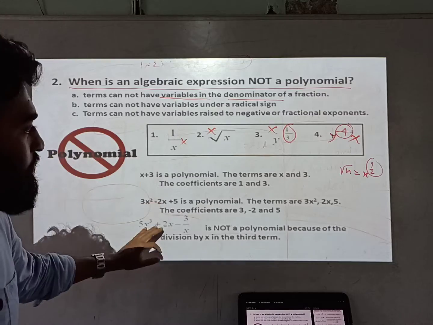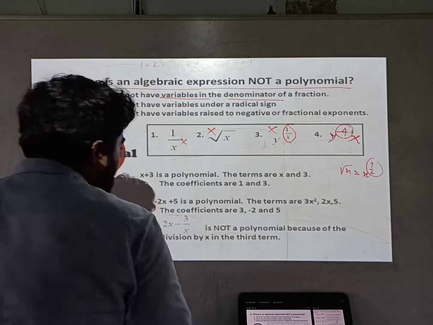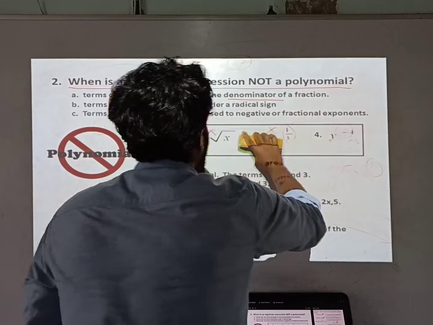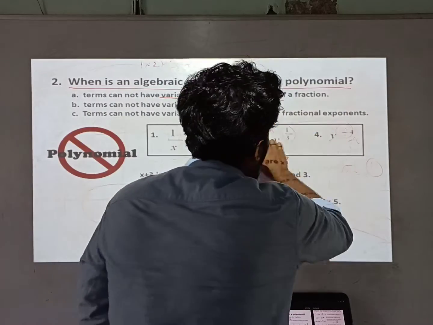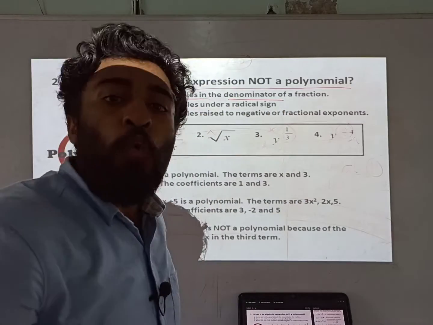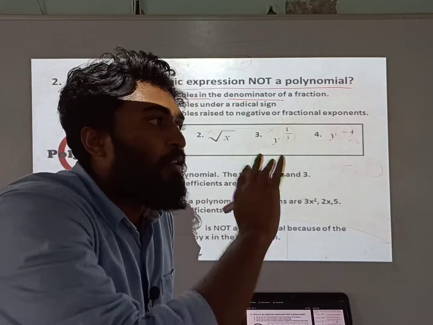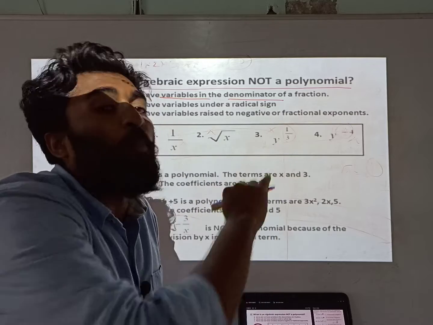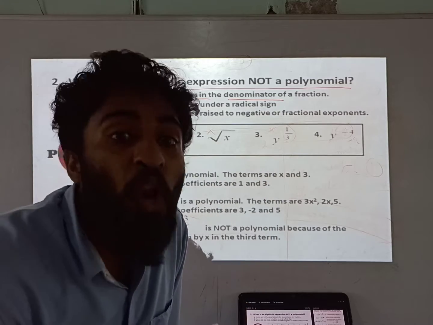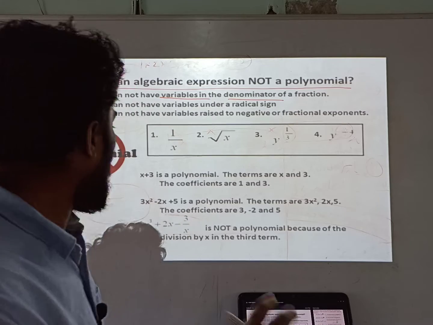The simple answer is, an algebraic expression is called a polynomial when all the powers of variables are whole numbers. For an example, I will show you.